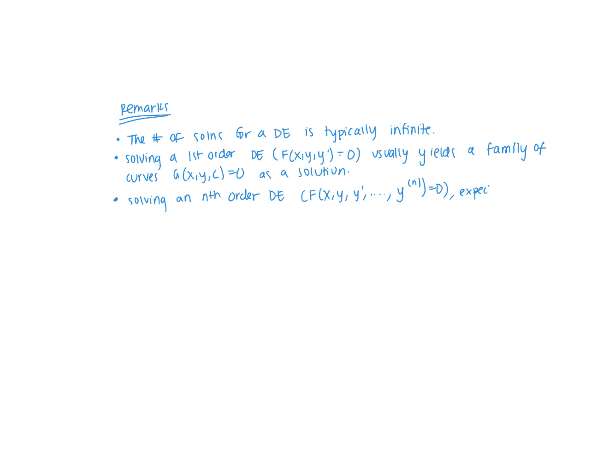Generally, we can expect a family of the following form. It's going to be x, y, c1, c2, all the way up to cn. So this is referred to as an n parameter family of curves.